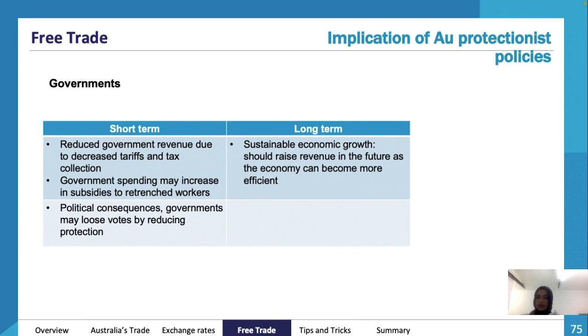So although in the short term you're likely to face some consequences, we're likely to see an increase in efficiency in the long term, which is beneficial, which is an advantage of free trade in the economy.